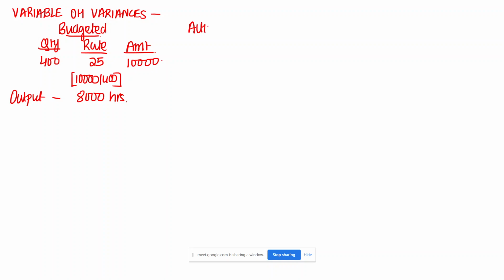Coming to actuals. The actual quantity that we made is 360 units. Rate is not given to us, and the amount given to us is 9150.